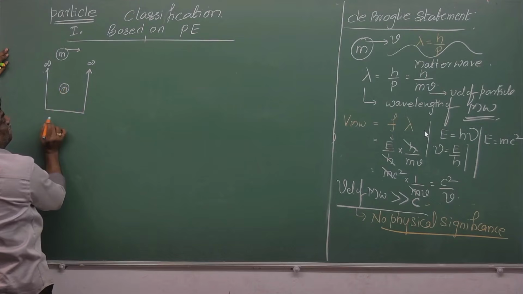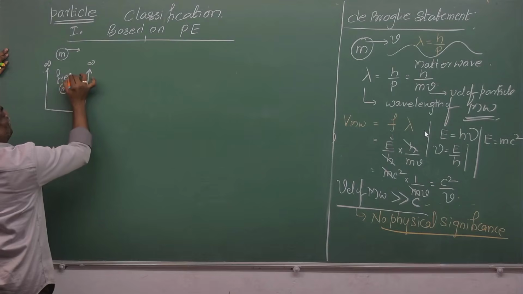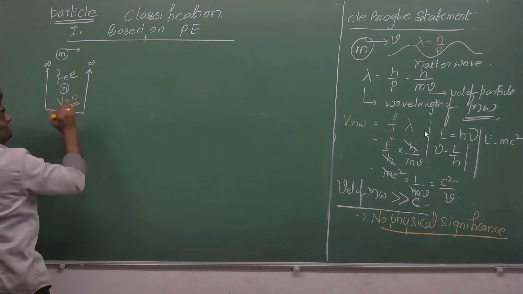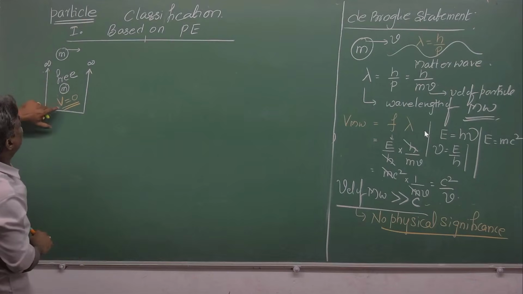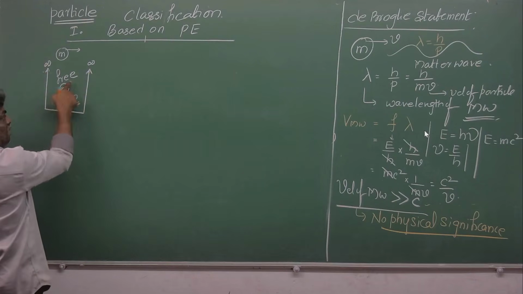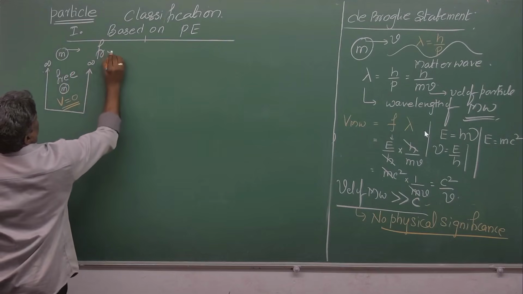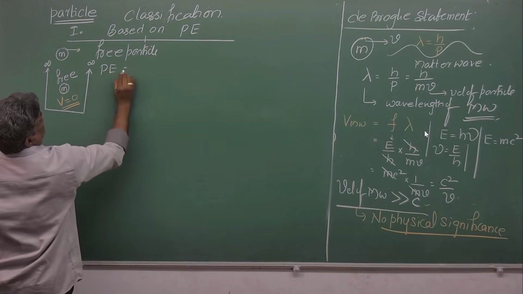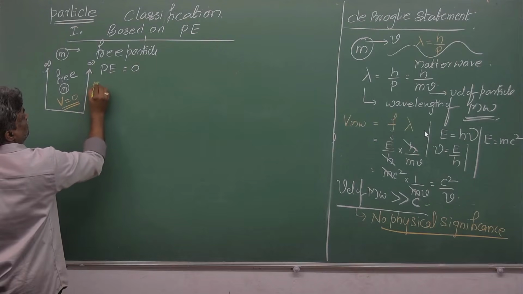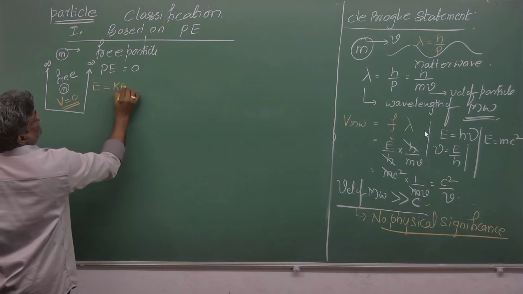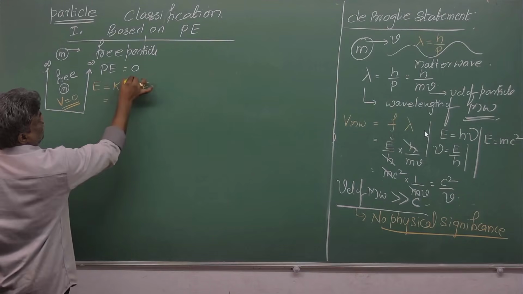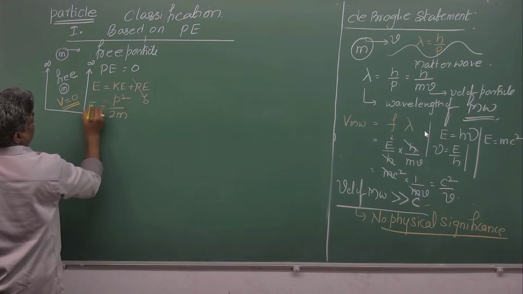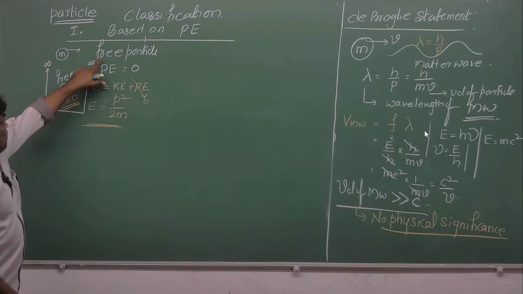What particle have I taken? Free particle. Why did I say free particle? The potential energy is 0. Wherever the potential energy is 0, that particle is called a free particle. Then the total energy is always kinetic energy plus potential energy. Since potential energy is 0, it is p square by 2m.